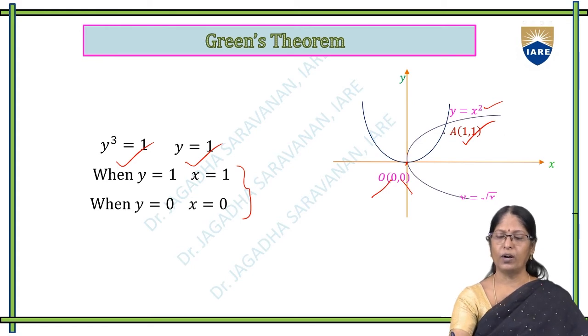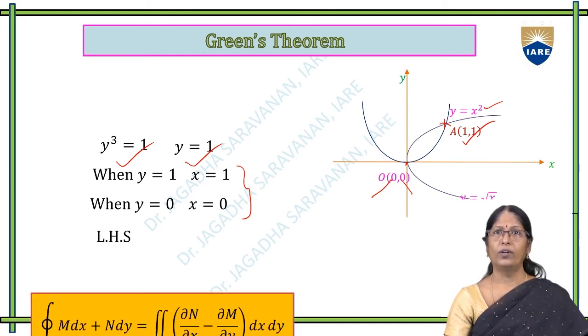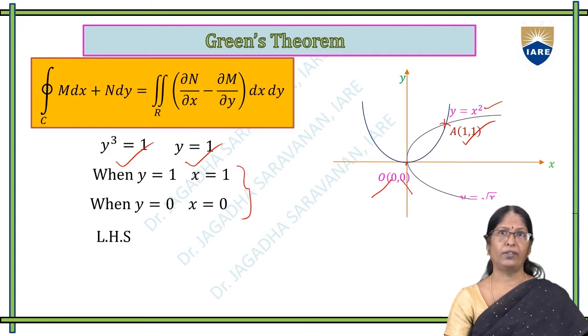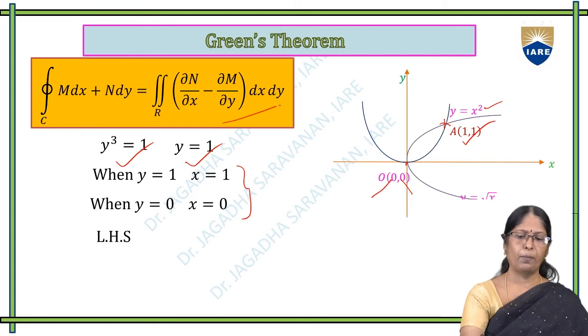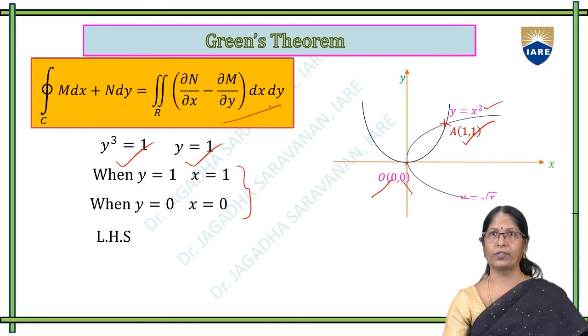That's what in the curve, this intersecting point is pointed as 1, 1.